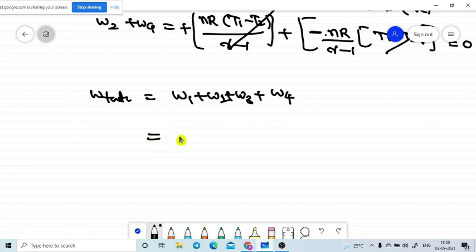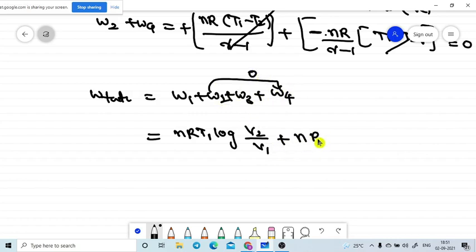W1 value, will anybody please tell me the W1 value? nR T1 log of V2 divided by V1, plus these two values are going to 0, no need to write once again, plus nR T2 into log of, will anybody tell me, V4 divided by V3, no? Yes, sir. V4 divided by V3.